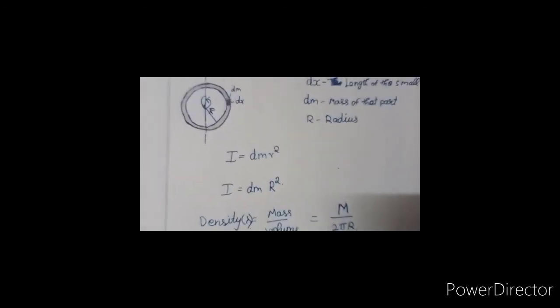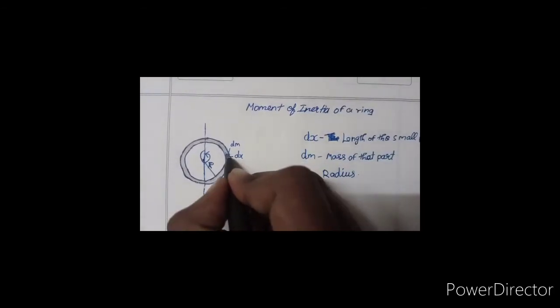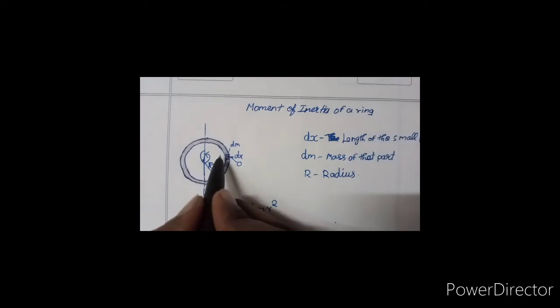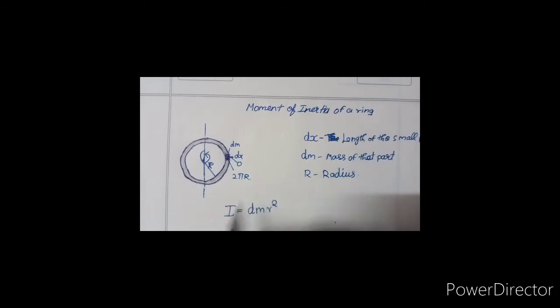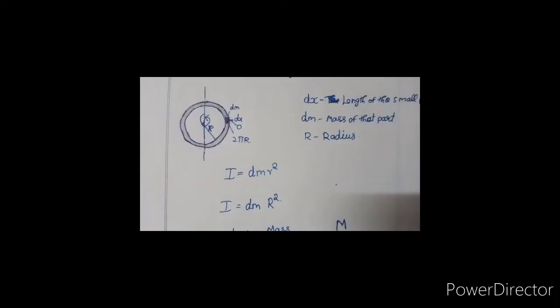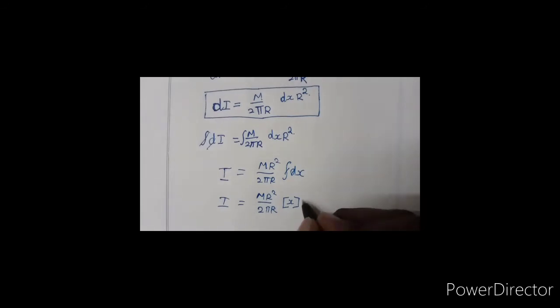When we see the limit for x in this circumference, this point is 0, and when we take the whole circle, where it ends, it becomes 2 pi r. So we apply the limits for x: the upper limit will be 2 pi r and the lower limit is 0.